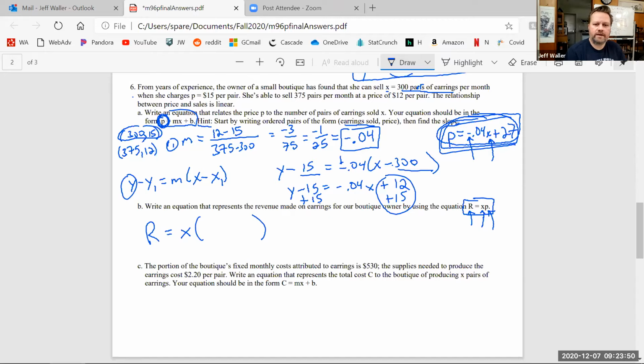Because I don't know this. I don't know how much I want to sell yet, right? So it's the number of things I'm going to sell times the price, which is an equation itself. And then, of course, you can distribute. And not surprisingly, this ends up being quadratic, right? It ends up with a squared.